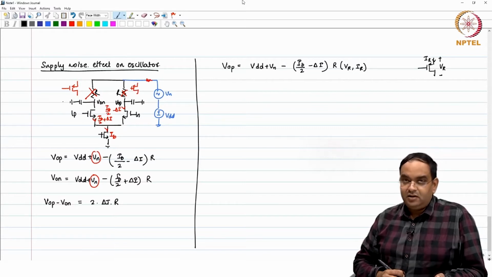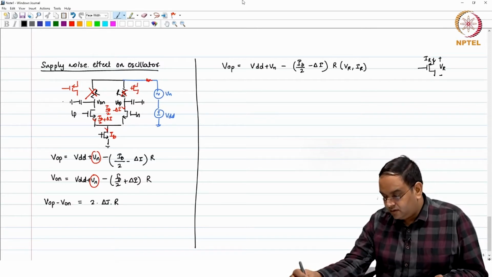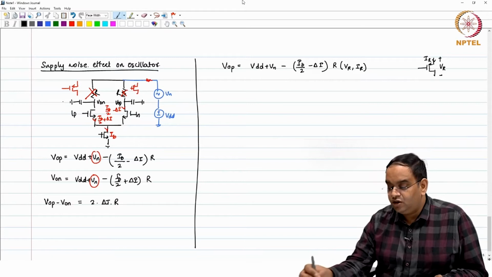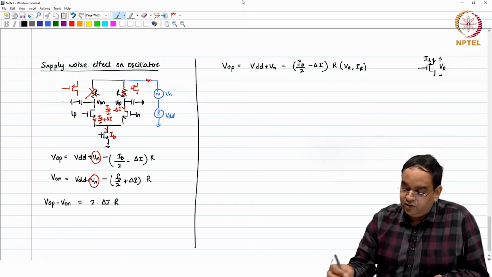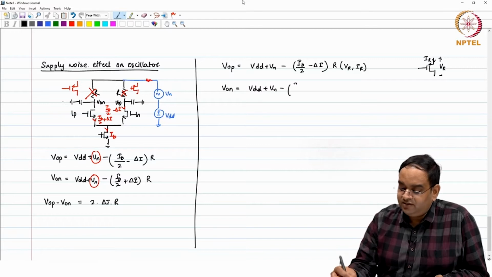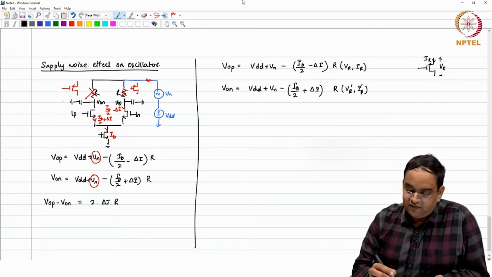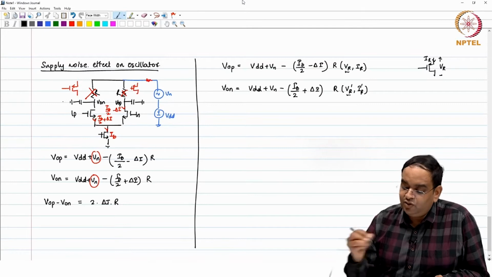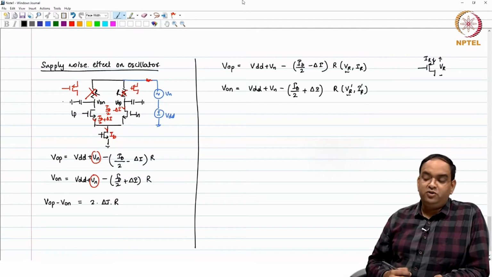So, we have seen earlier that the equivalent resistance of the MOSFET has a dependency on the voltage difference across it, that was VSD, and the current through it. So, now VOP and VON have Vn minus IB by 2 plus delta I and the resistance VR dash and IR dash, because for the left and right side the voltage difference across the source and drain nodes is going to vary.